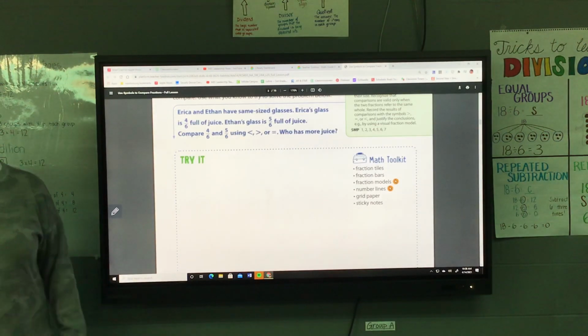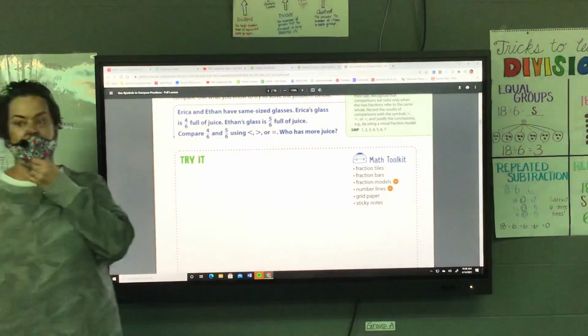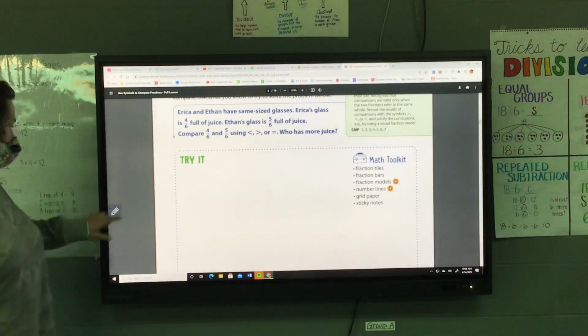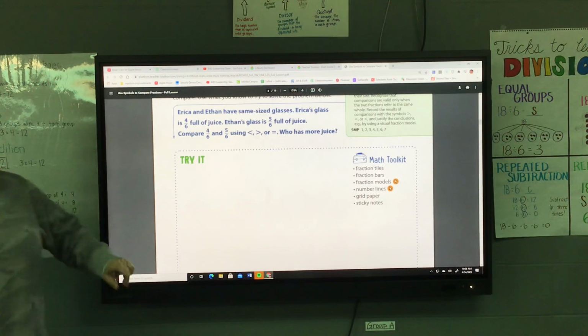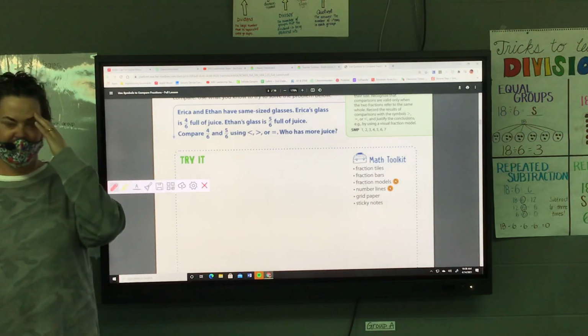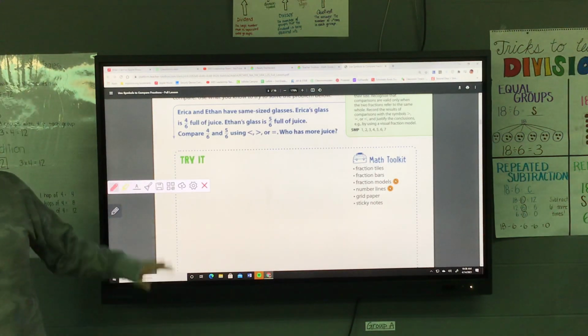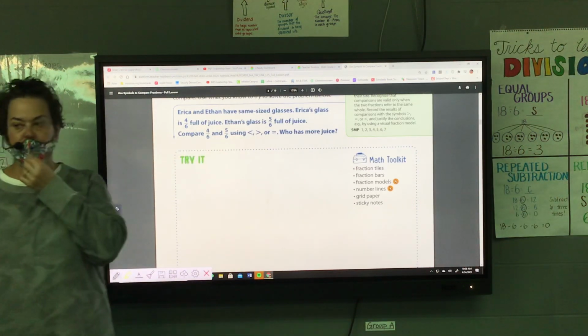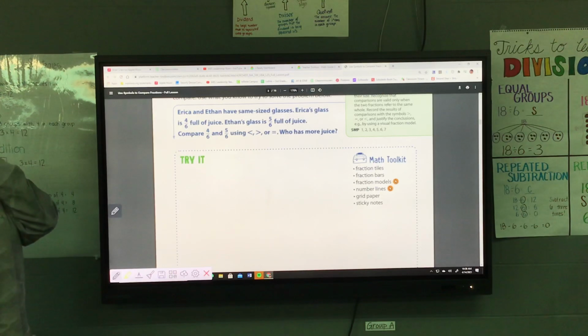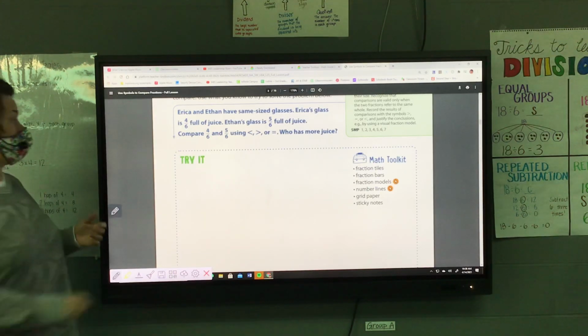Do you like tricks that help you figure things out easier? I know I do. Look at the denominators. Do you remember which one is the denominator? The bottom. The bottom number is the denominator. What do you notice about the denominators? They're the same. Okay.